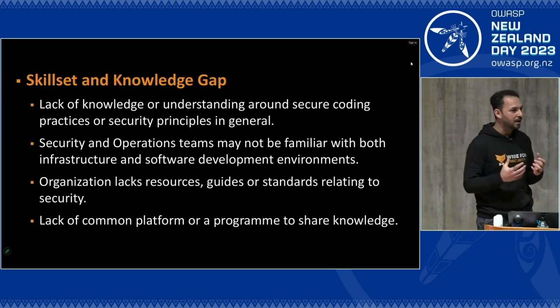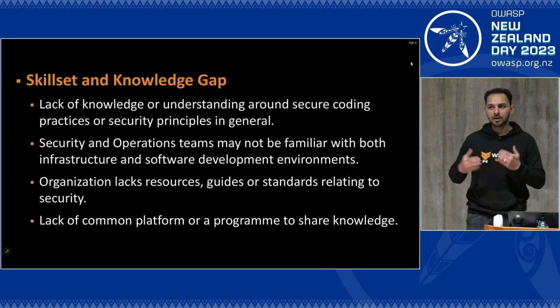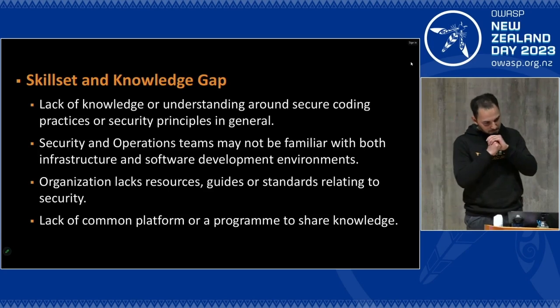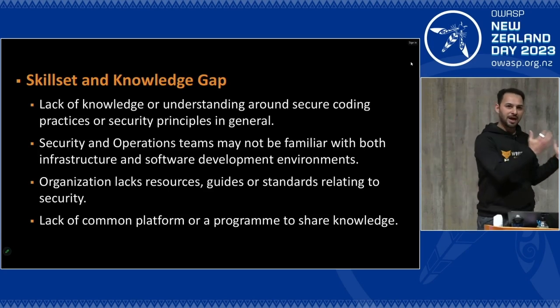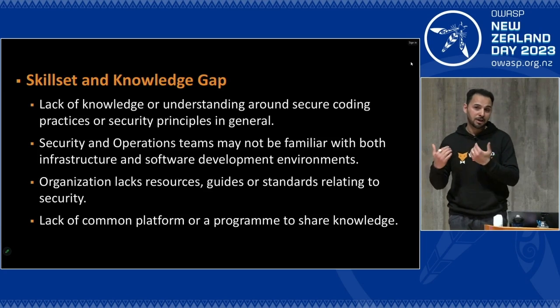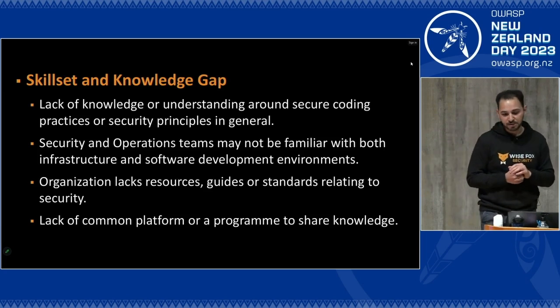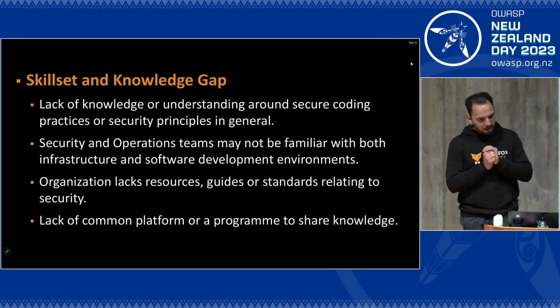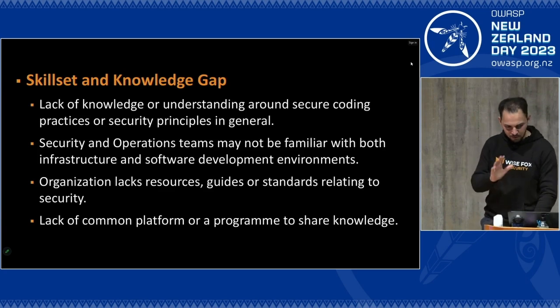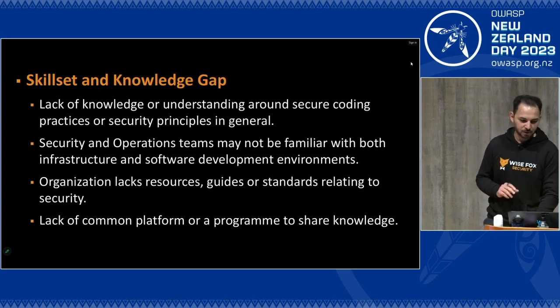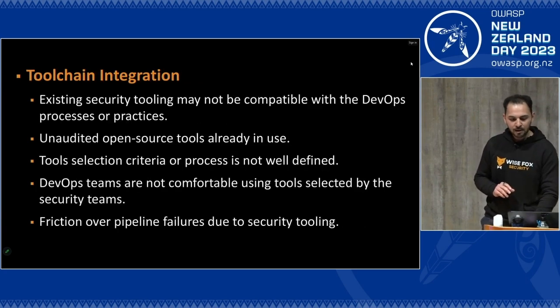So you have to have some sort of common platform where these guys can come together. Another thing, since you lack budgeting, you're probably not going to be able to bring skilled people into your organizations either. Right? So that skill set and knowledge gap is also going to be a tricky one.